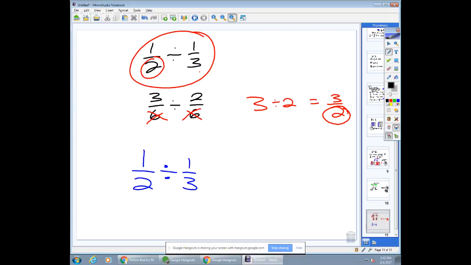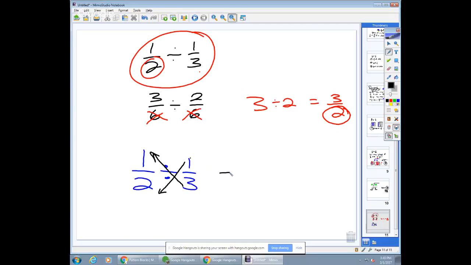Since the 2 stayed put, we don't really have to worry about it very much. The 3 is the problem. It got moved up there. The other catch is that this numerator over here is going to get moved down. So there is an arrow algorithm for fraction division. Going from the right to the left, we take the second denominator, put it in the numerator, and the second numerator, put it in the denominator.